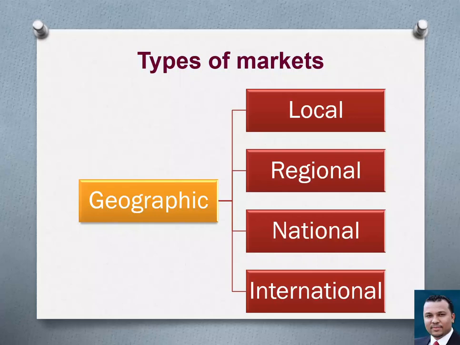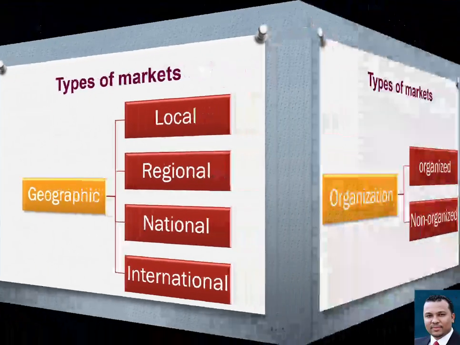National market is any market on the country level. The last level is the international market, which is the exchange of goods and services between countries, so in this case, the import and export process.